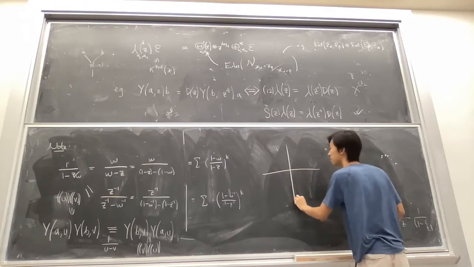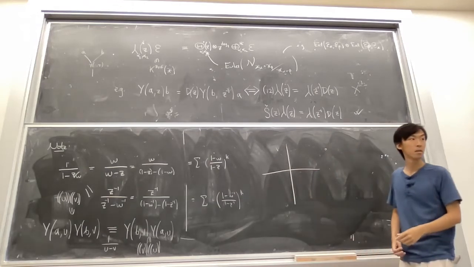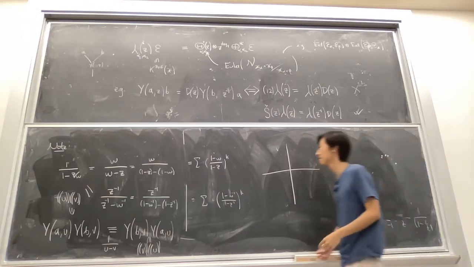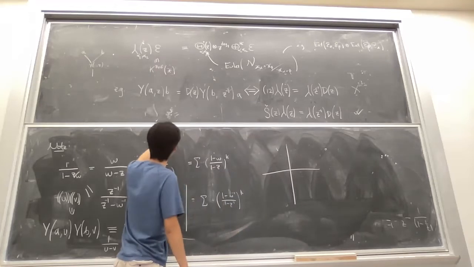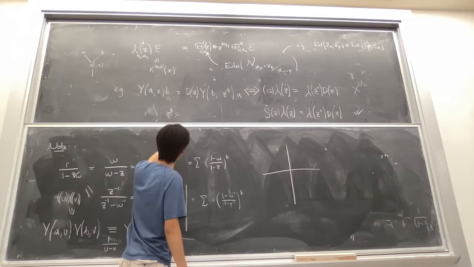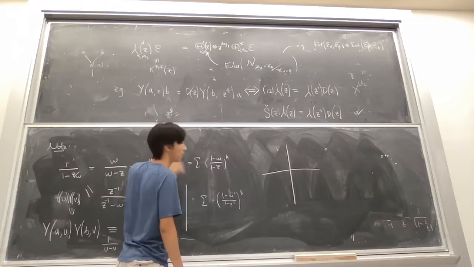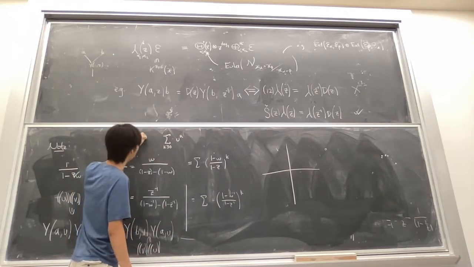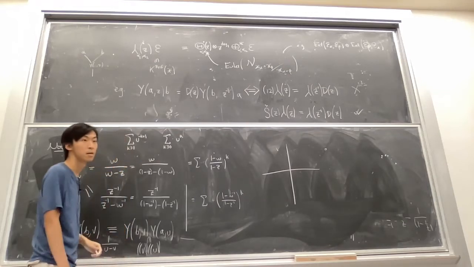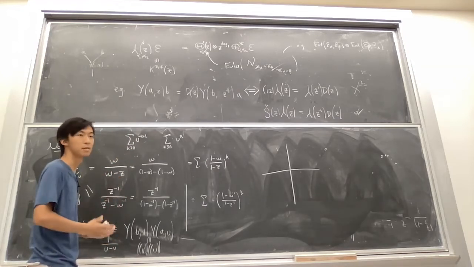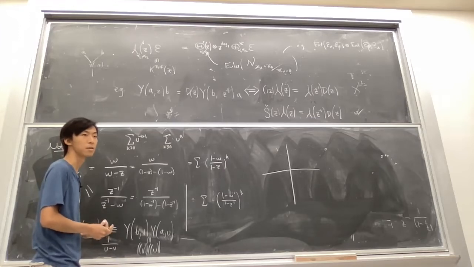It's like saying, I don't know, you have a series like u to the minus k plus 1, where k is greater than or equal to 0 or something. These are expansions of the same rational function, but they're not the same series. They live in two different rings.